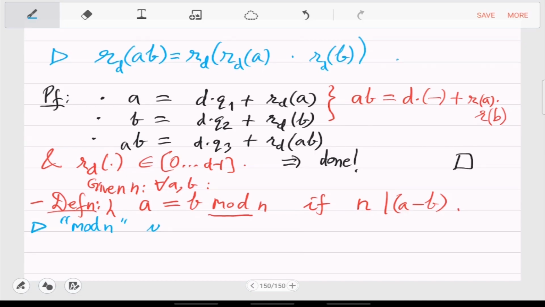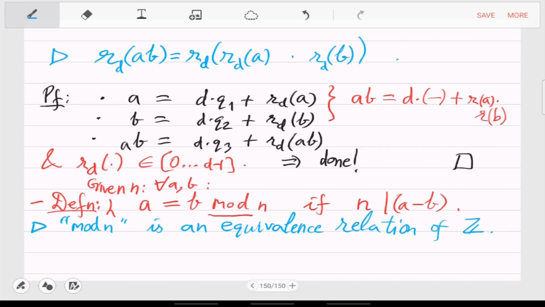So mod n is an equivalence relation on integers. Okay, so it's an equivalence relation because it is symmetric, of course, and it is reflexive, again trivially, and it is transitive as well.